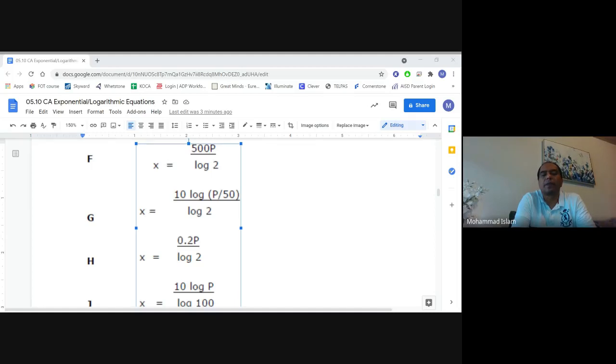I'm just crammed for space. When you look at your answer and you want to compare with the given choices, then you see here 10 log p upon 50 upon log of 2. You notice that this is your correct answer.